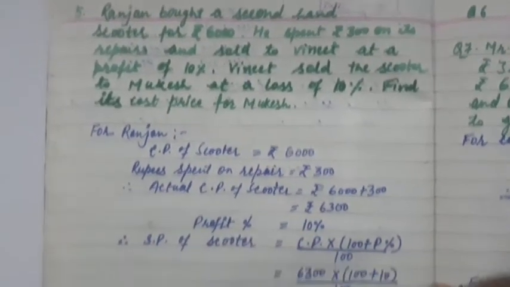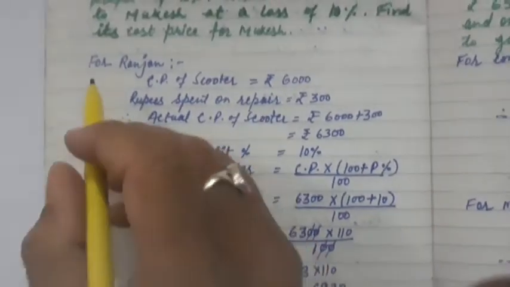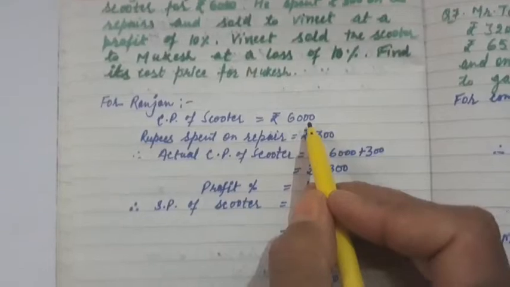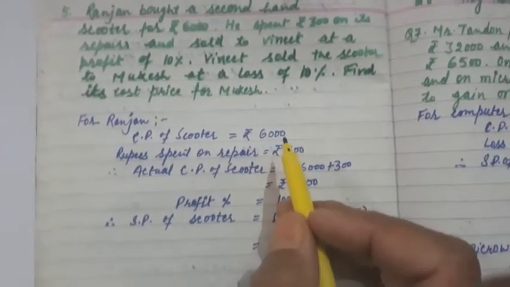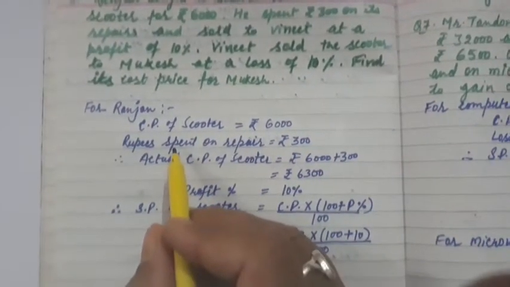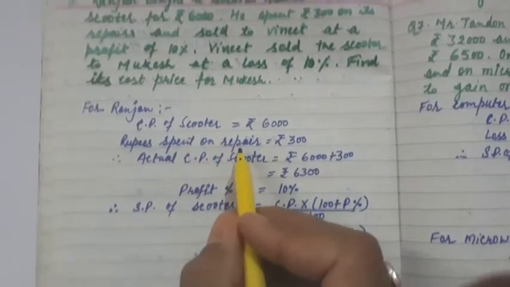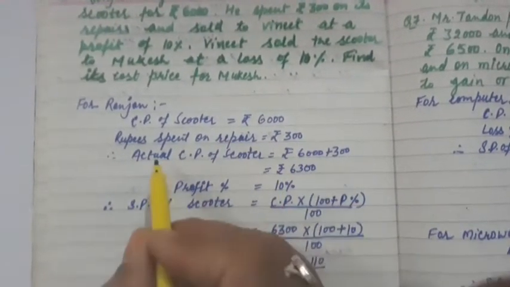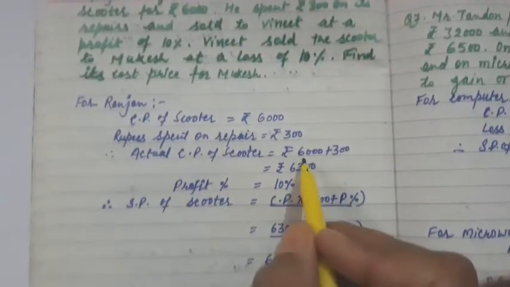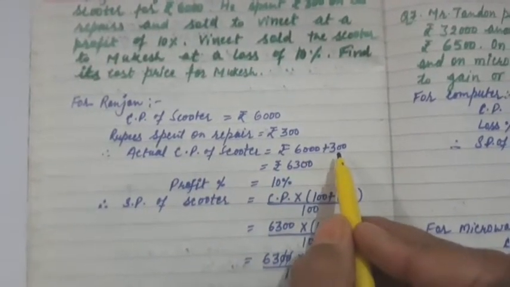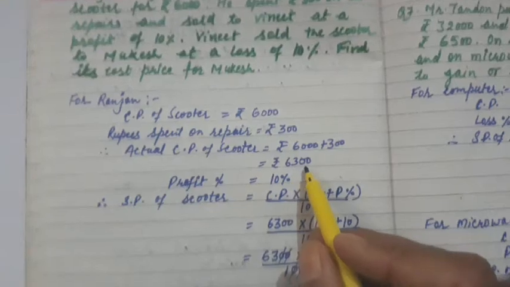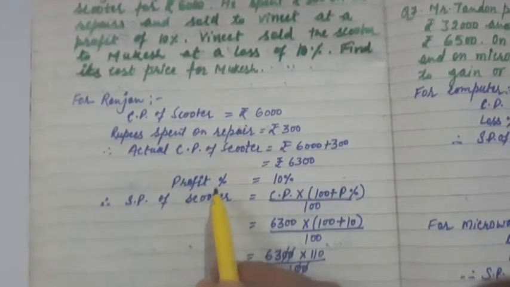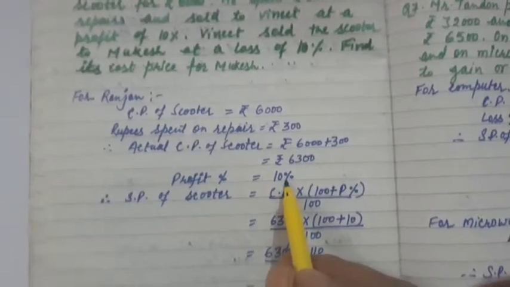In this case, firstly we will discuss Ranjan. For Ranjan, the CP of scooter is given, that is 6000 in this question, and he spent some money for its repair, that is rupees 300. Therefore actual cost price of scooter becomes 6000 plus 300, and it is equal to 6300. And profit on it is given, that is 10%.